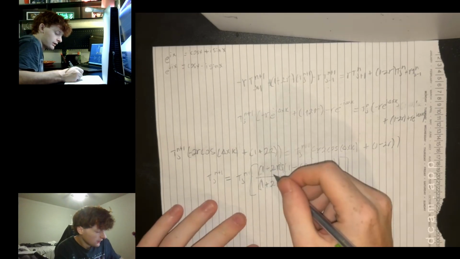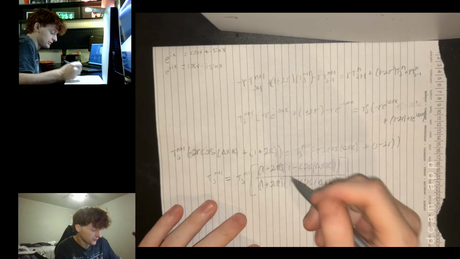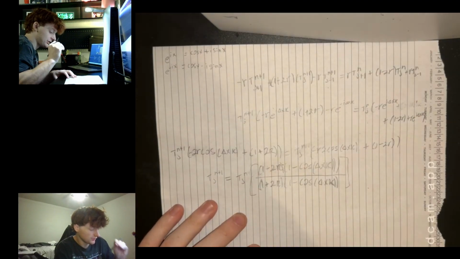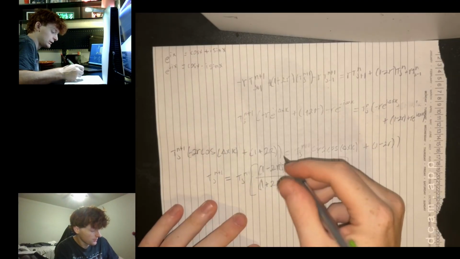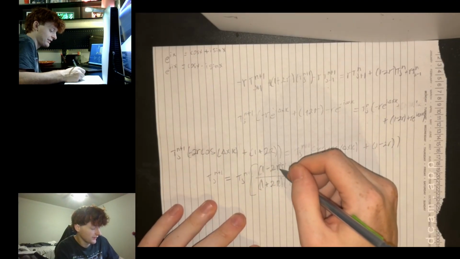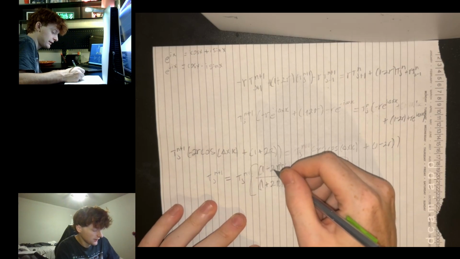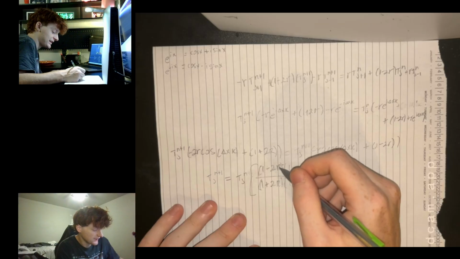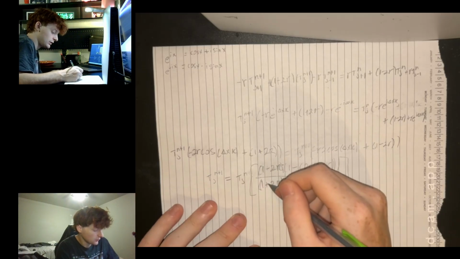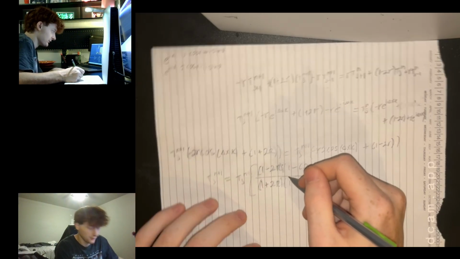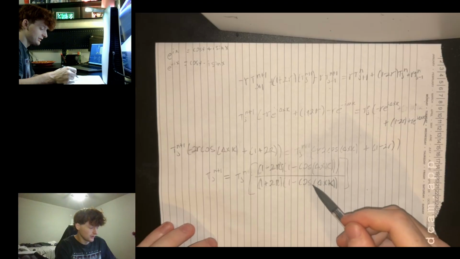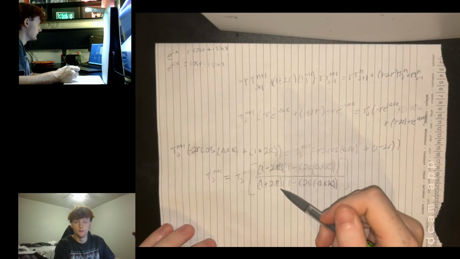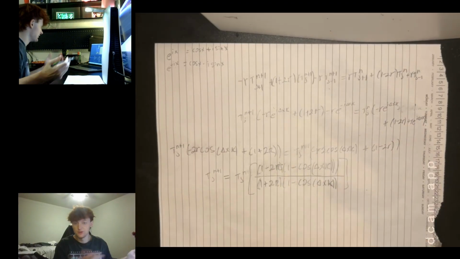So the 1 minus 2r over 1 plus 2r keeps within our bounds of -1 and 1. If we say our r is 10, we'll have 1 minus 20, which is going to be -19, and then you'll have 1 plus 20, which is going to be 21. So this doesn't exceed 1; you'll have -19 over 21, which is going to give you a fraction.